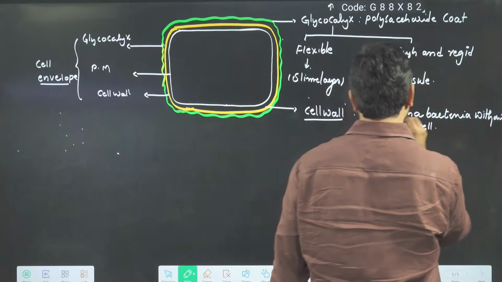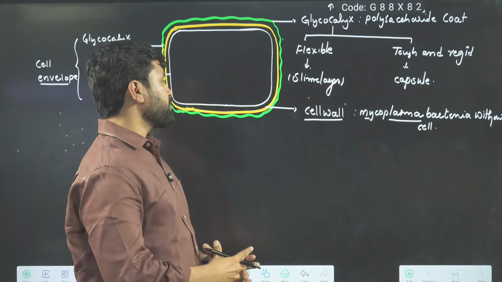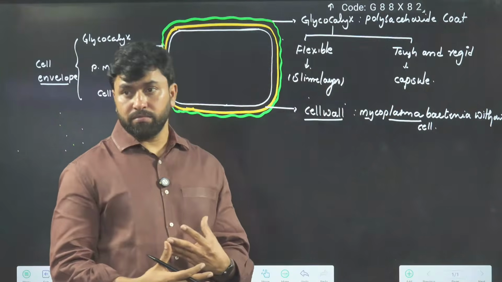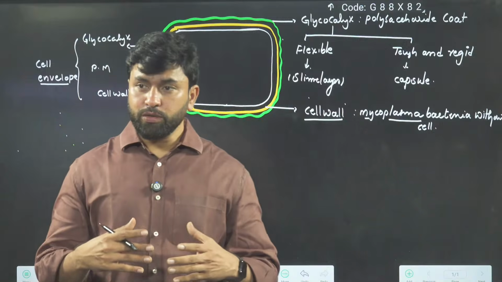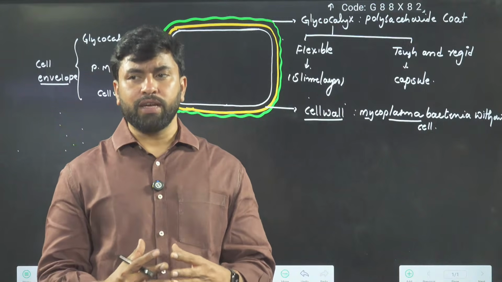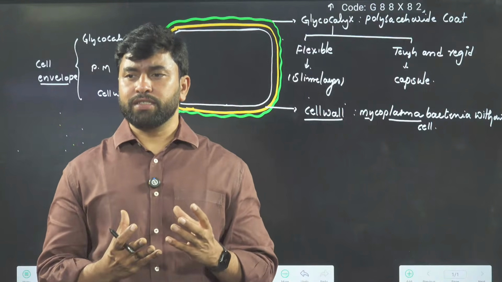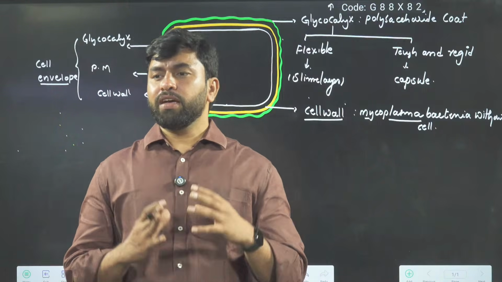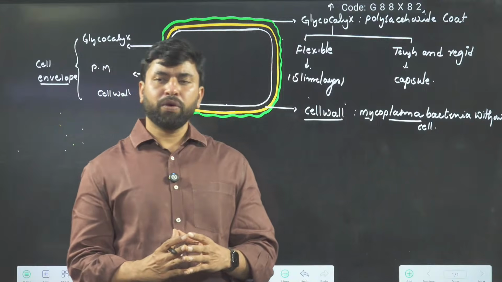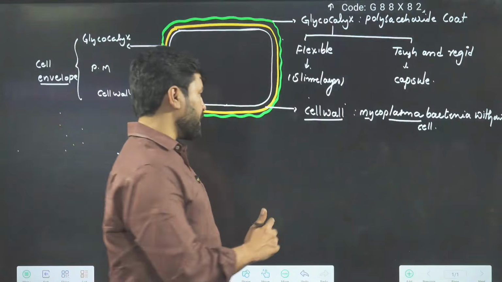If they don't have a cell wall, how could they survive? Be careful. In order to survive, it is not compulsory to have a cell wall. A cell wall gives some advantages, but it doesn't mean that a bacterium will survive only by the presence of a cell wall.